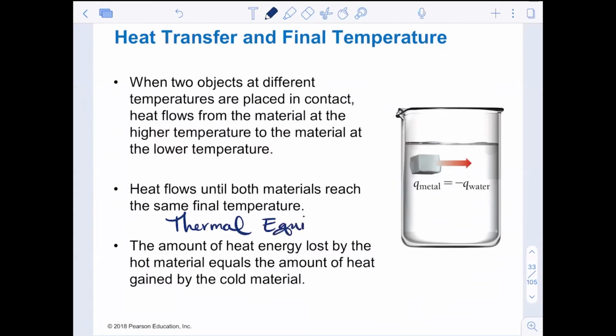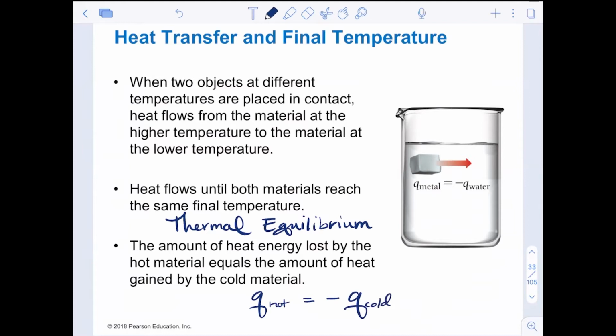The amount of heat lost by the hot material is going to equal the amount of heat gained by the cold material. So Q of, let's say, the hot object is going to equal the negative Q of the cold object, or vice versa.